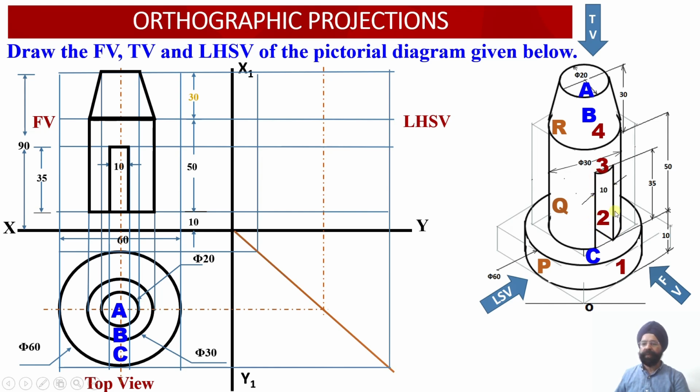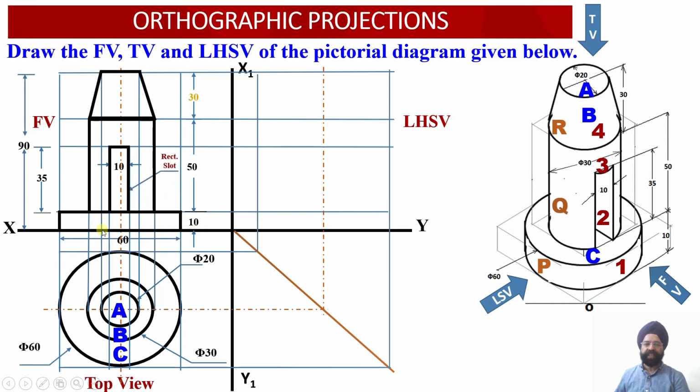So this gives me surface 2. Surface 2 appears as a true shape onto the vertical plane, whereas surface 3 is this surface. This surface is a cylindrical surface and it appears as a reduced cross section in the front view. And finally I have got this bottom block.